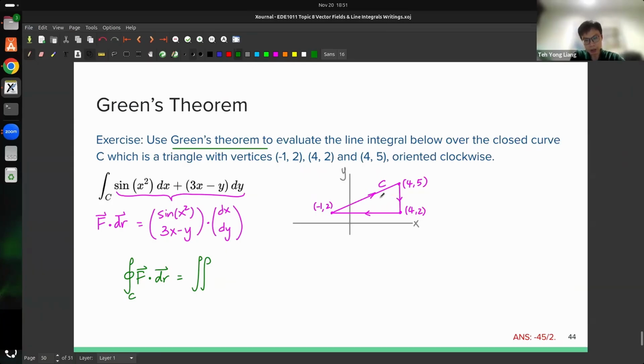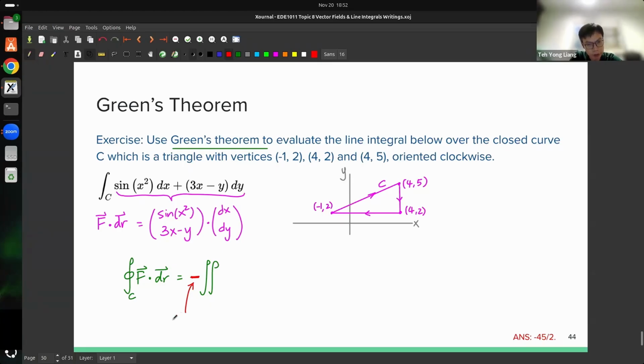But to use Green's theorem, you have to make sure that the curve is counterclockwise. So all you need to do is to put a minus, because the curve C by right has to be oriented counterclockwise. But this one is clockwise, so you just add in a minus. Then it becomes counterclockwise.